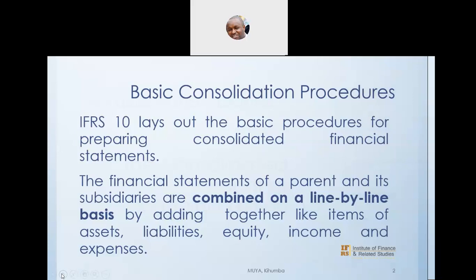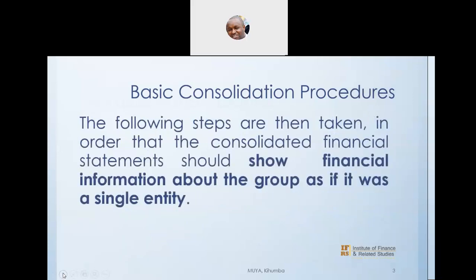All those items which are like items. We add assets to assets, liabilities of the parent to that of the subsidiary, equity, income, and expenses. However, we shall see that equity is treated differently.